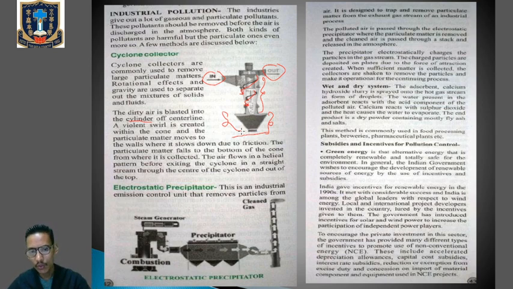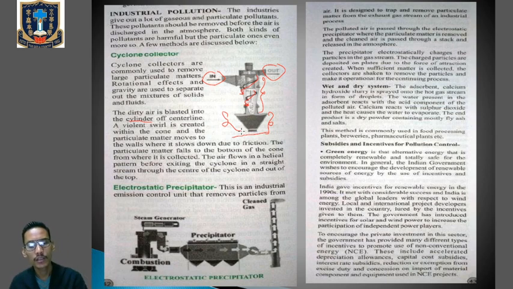Okay, and from the cone those large particulate matter will be collected, and the air will flow in a helical manner, in a twisted manner, and it will exit the cyclone collector through the outlet. So in this way the air will be free from the larger particulate matter and will be released out. Okay, so this is one of the methods to control the pollutants being emitted from the industries.